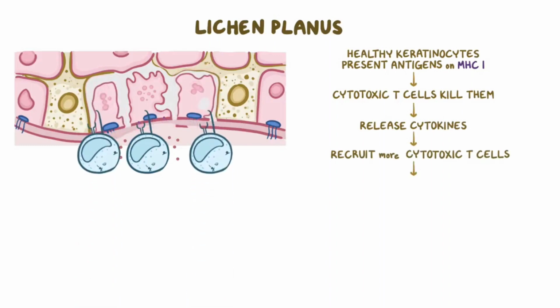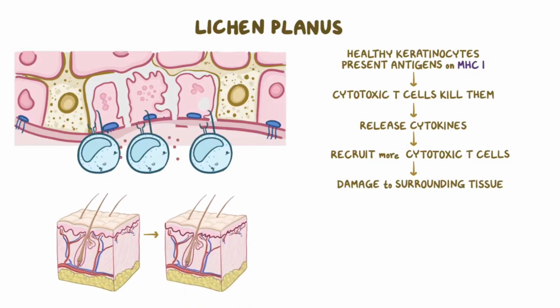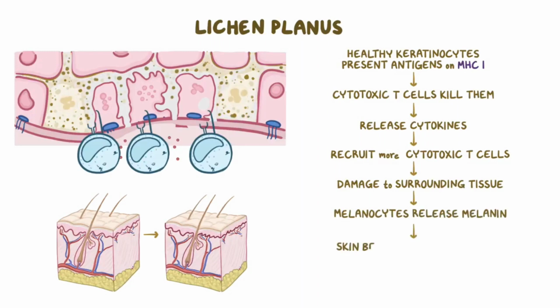That leads to more damage to the keratinocytes, as well as to the surrounding tissue in the basal lamina. That changes the shape of the dermoepidermal junction. It goes from looking like smooth waves to being more angulated and sawtooth-shaped. Also, melanocytes at the stratum basale become damaged, and they release their melanin, causing the skin to become darker or hyperpigmented.